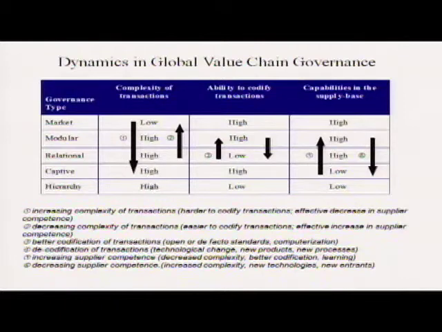Capabilities of suppliers go up and down. Codifiability goes up and down. So the idea is that as those 3 variables change, governance structures change. Why is that important? Because governance structures in these value chains determine upgrading, the ability of countries to enter a chain or to move up or down the chain. So it's important to see this as a dynamic model.